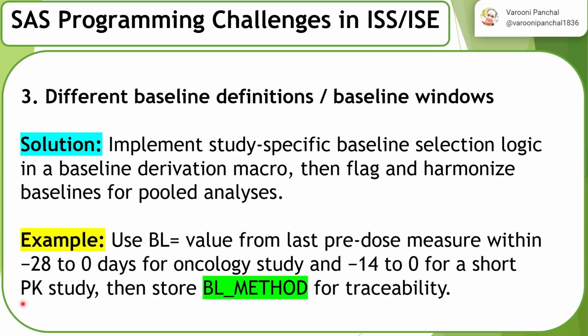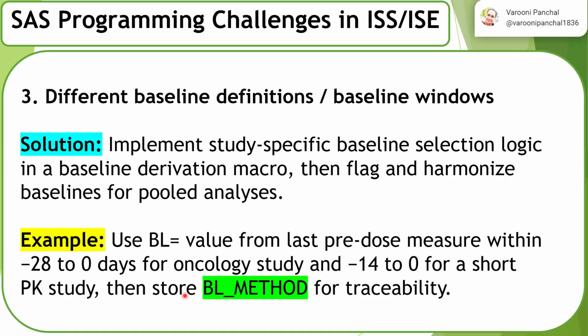But when you come back to the PK study, which is a pharmacokinetic study related to phase 1, there your window period will be shortened. It will be -14 to 0. So 14 days were spent under the screening period for the phase 1 patients. These scenarios you will always see when you compare phase 1 with phase 3 or phase 4 studies.